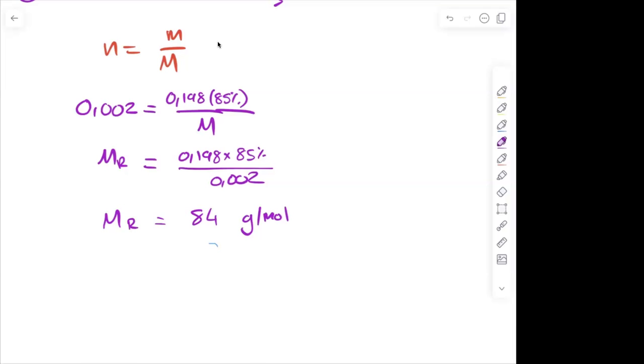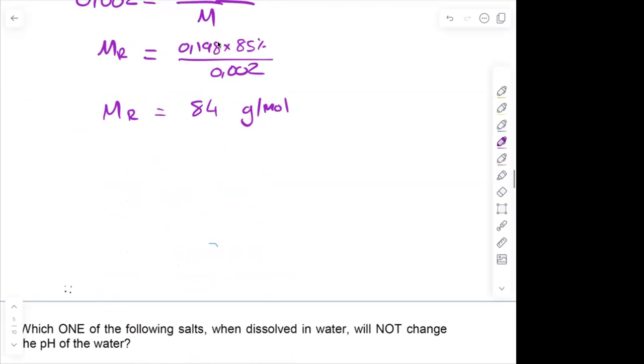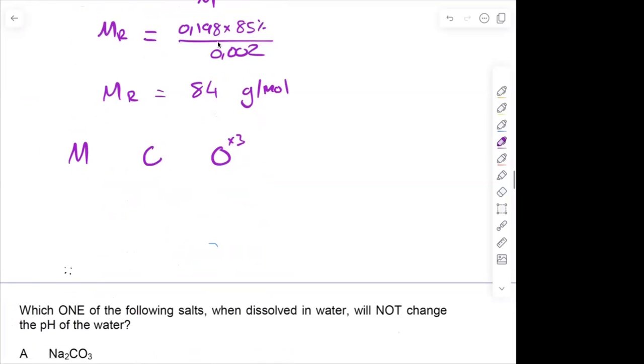So we've got MCO3. So MCO3 is going to be, we start off with M, we have carbon, and we've got oxygen times 3, right? That's got to add up to give us our 84. And then to solve for that, we have M, carbon is going to be 12.